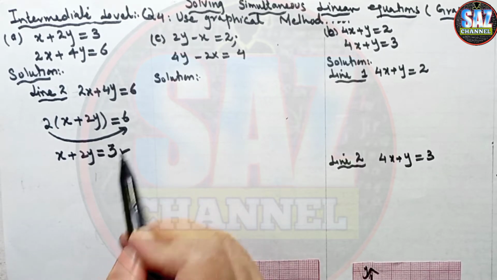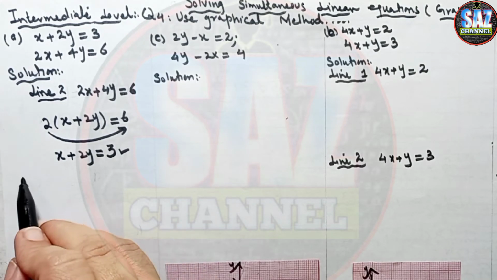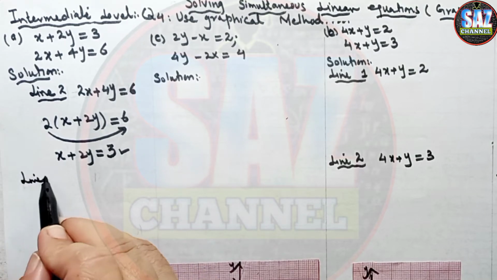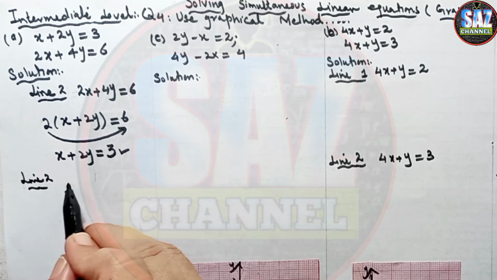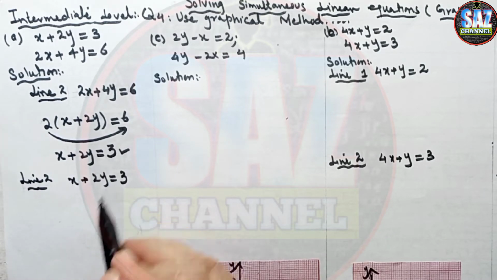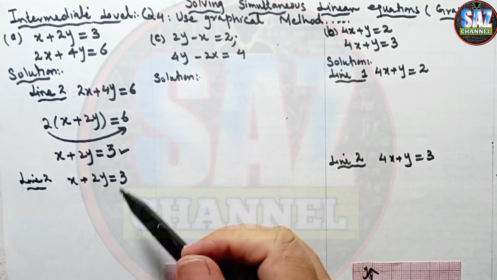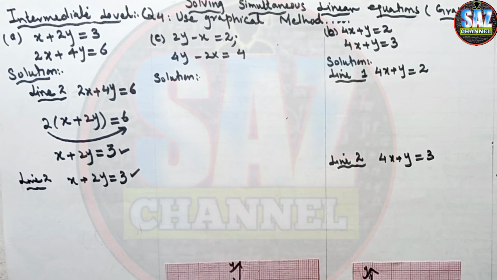Now this is the simplified form of equation 2, and the given equation 1 is x plus 2y equals 3. If we observe both equations carefully, they are not different equations, they are the same equations. When we plot their graphs, they will both come at the same place.